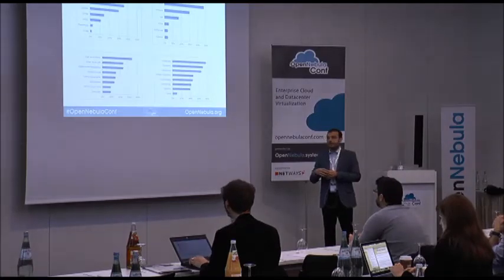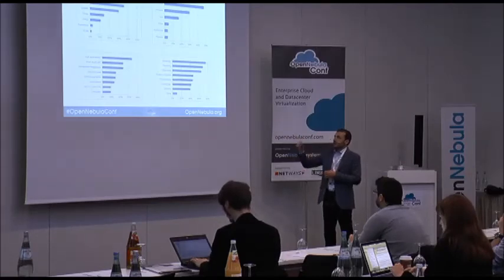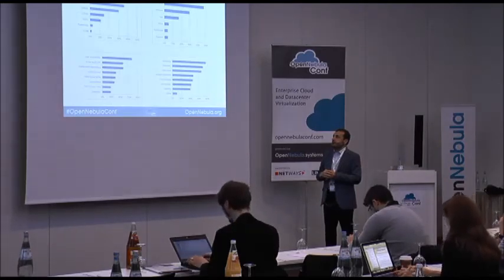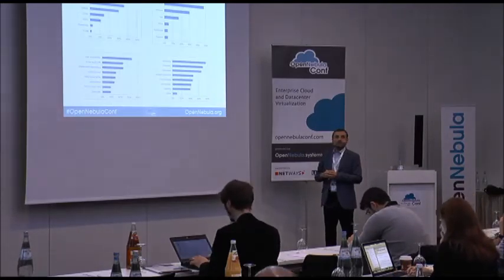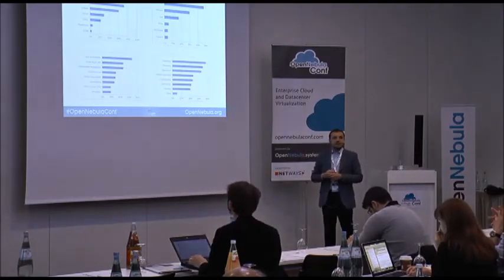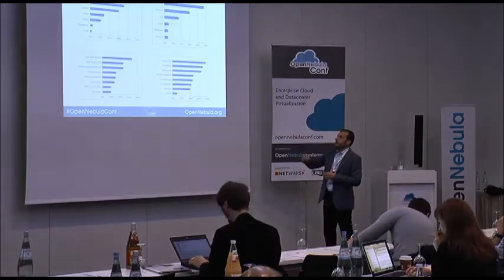Also hybrid cloud, the implementation of the Amazon APIs, and the app market. This gives us information about where to focus, where to invest more resources. And about the reasons why you are using OpenNebula, the main three reasons are simplicity, flexibility, and openness.